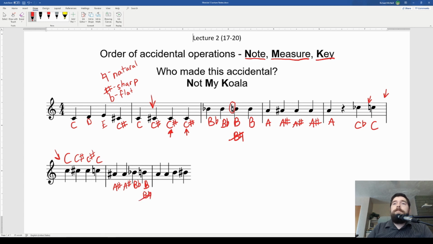Don't do that. And next we have A, B. Notice it doesn't really care what was before because we are now in a new measure and we go back to the key signature. This last one would be a B sharp.